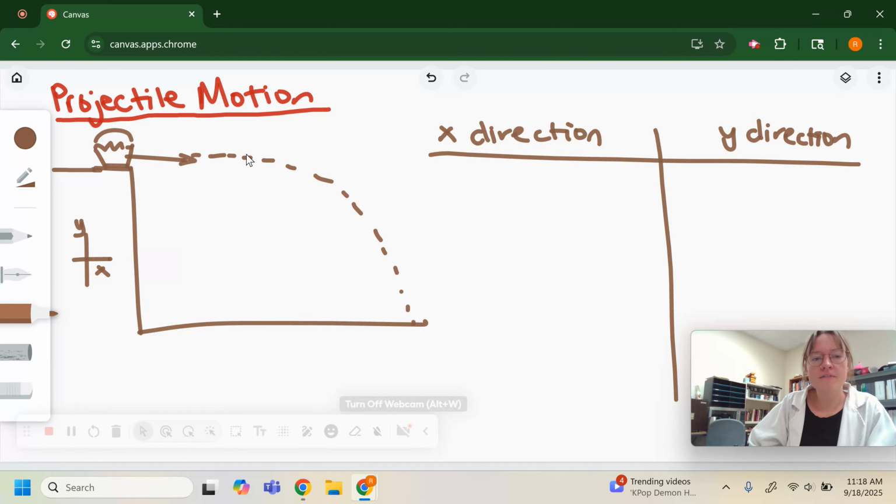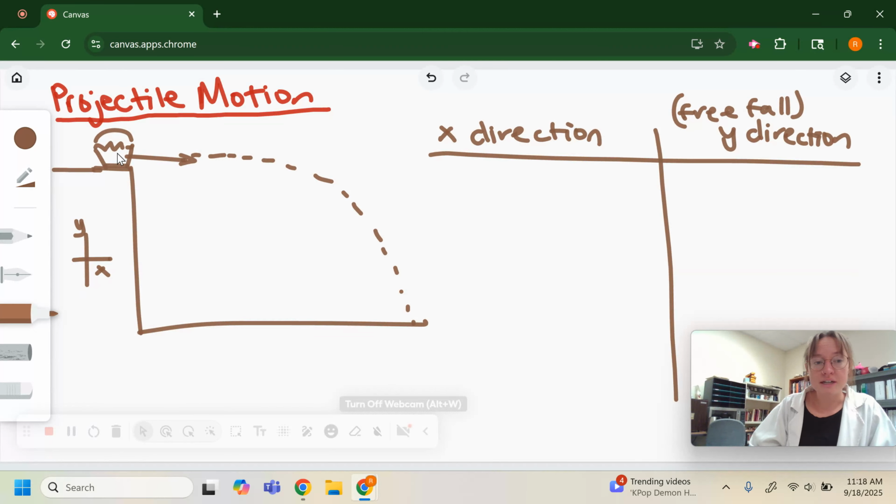If we were ignoring the fact that the muffin is moving forward, you would see that this muffin is basically just falling in the y direction. In the y direction, it's undergoing free fall. Just like anything else that gets dropped, it's accelerating down towards the earth, getting faster and faster and faster as it falls. That's what's happening in the y direction.